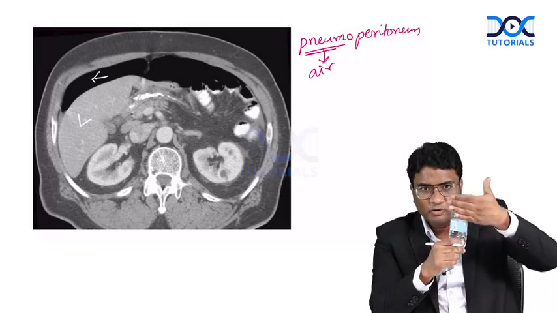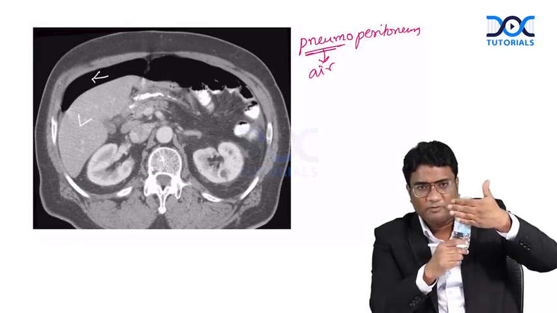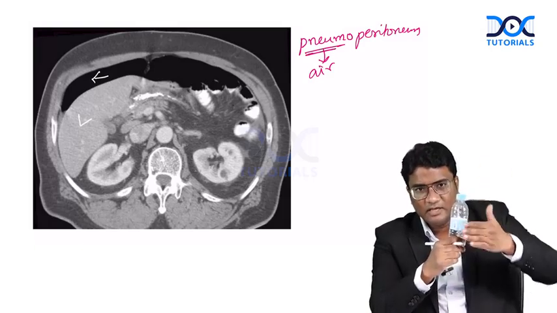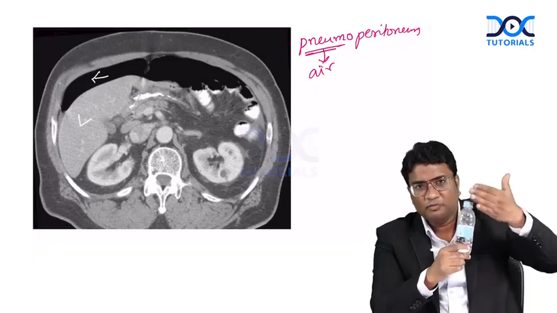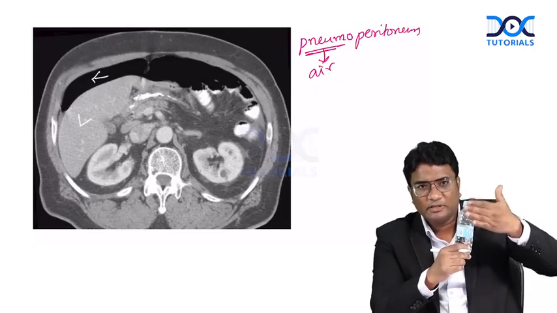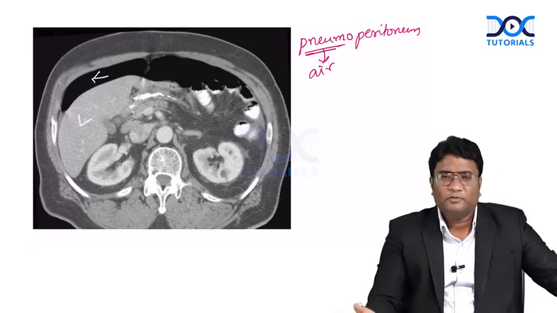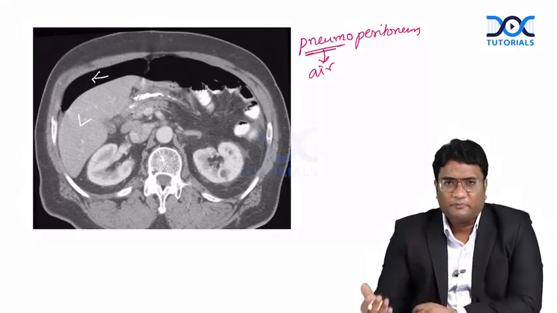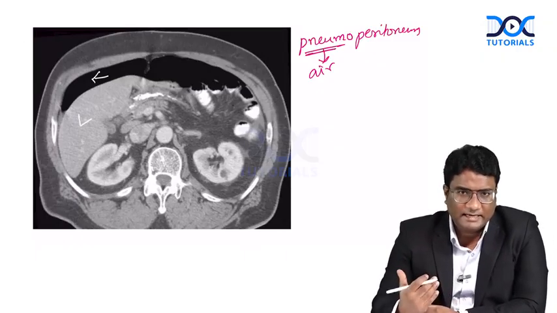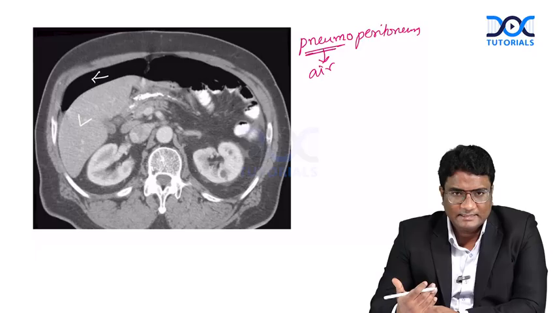But when you're having pneumothorax, pneumoperitoneum, or pneumocephalus on axial CT scans, you'll see them on the upper part. So that is how you need to understand that air will come upward. So this black area anterior to the liver on an axial CT of the abdomen, think of pneumoperitoneum.